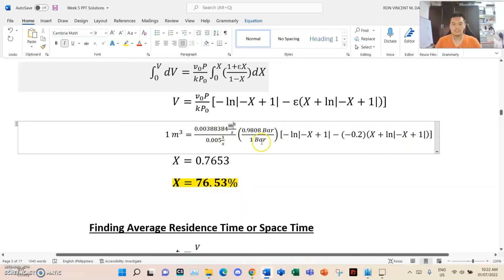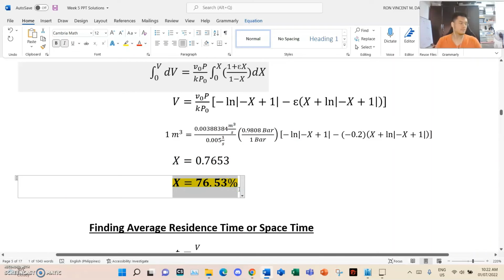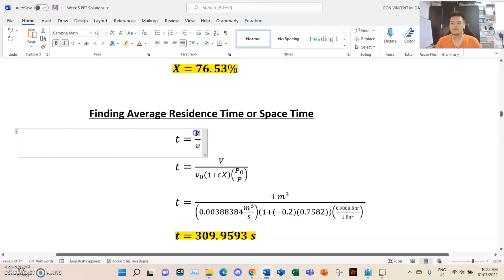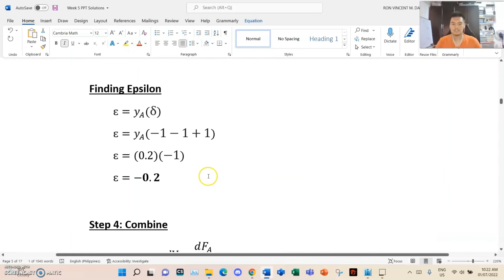Afterwards, I found out that this conversion using hand calculation would reach 76.53% conversion, and my average residence time is simply equal to the volume of the PFR over the final volumetric flow rate. We defined already that the final volumetric flow rate has this form.